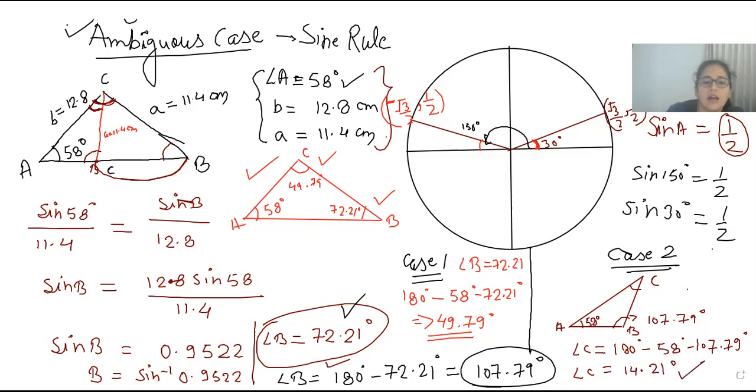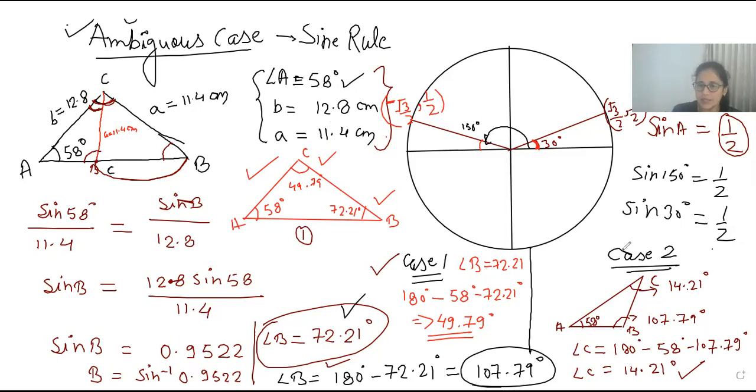So from the given data, you can draw two triangles where in the first case, angle B is acute and angle C is also acute. And in the second case, angle B is obtuse and angle C is acute.